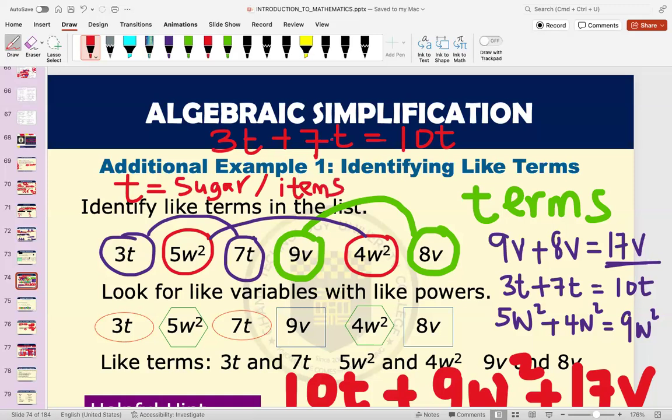So 3t plus 7t is like me telling you I have 3 grams of sugar and I'm adding it to 7 grams of sugar. So at the end of the day, I'll get 10 grams of sugar. Nothing happens to the sugar. And that is how it works.